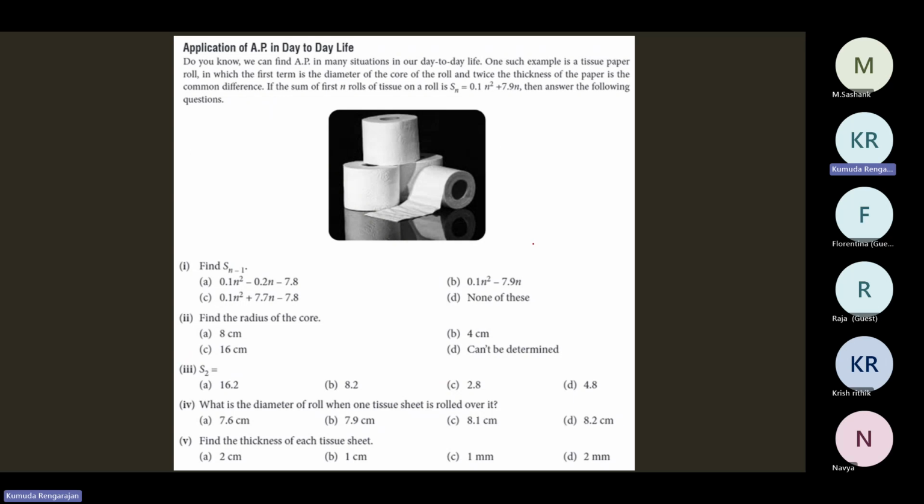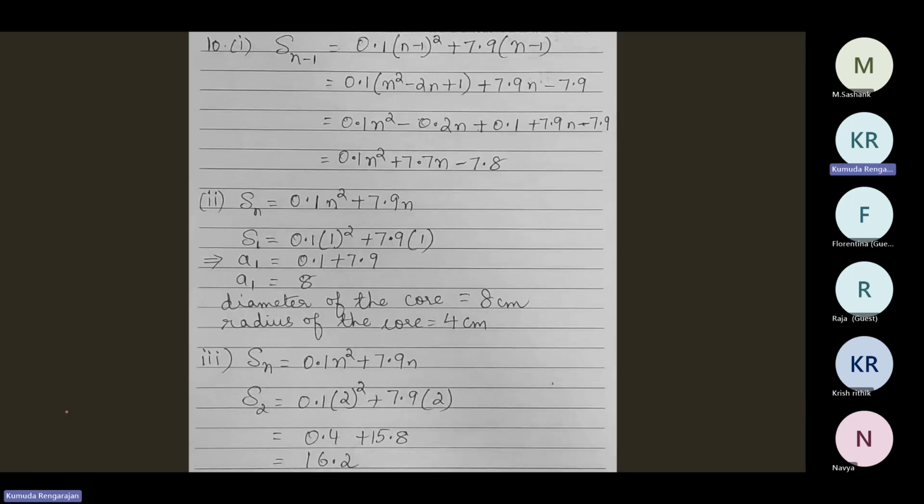We understand that the diameters form the terms of the AP. So when the first tissue sheet is rolled, that's a second term. So we should find A2. So we'll find S2 and then find A2.